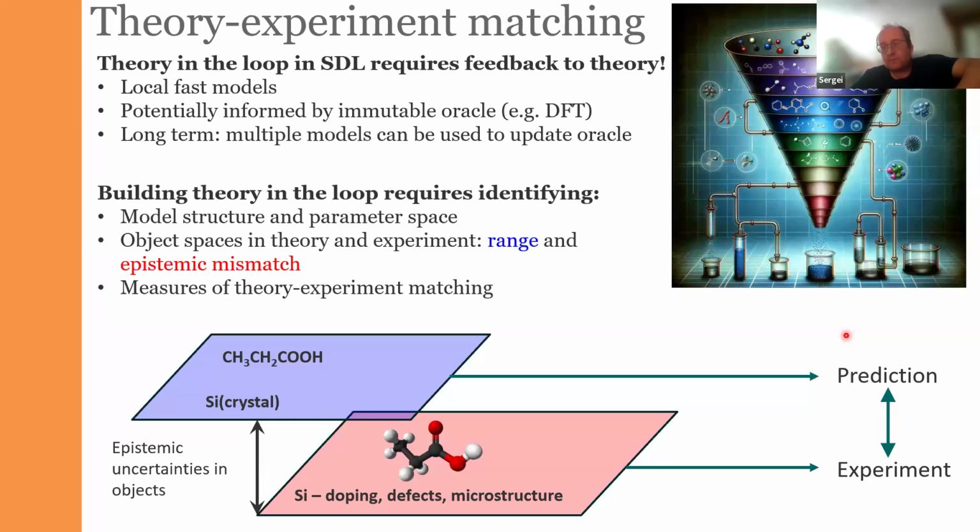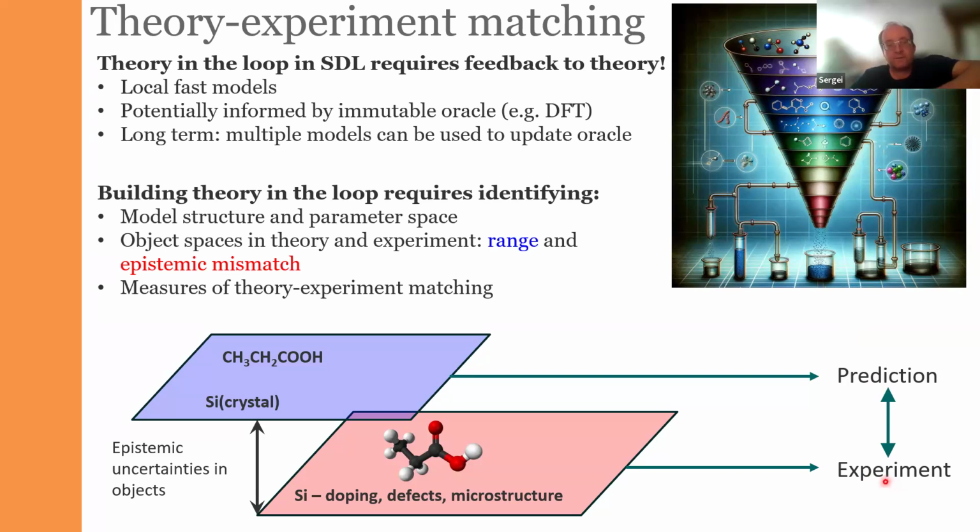The second part that matters is that the theory prediction and experimental observation have to be compared one by one, which is also not necessarily given, because theory predicts things of certain types, like optical spectra, band gaps, dielectric functions, while experiment often measures things which are related but not exactly the same.